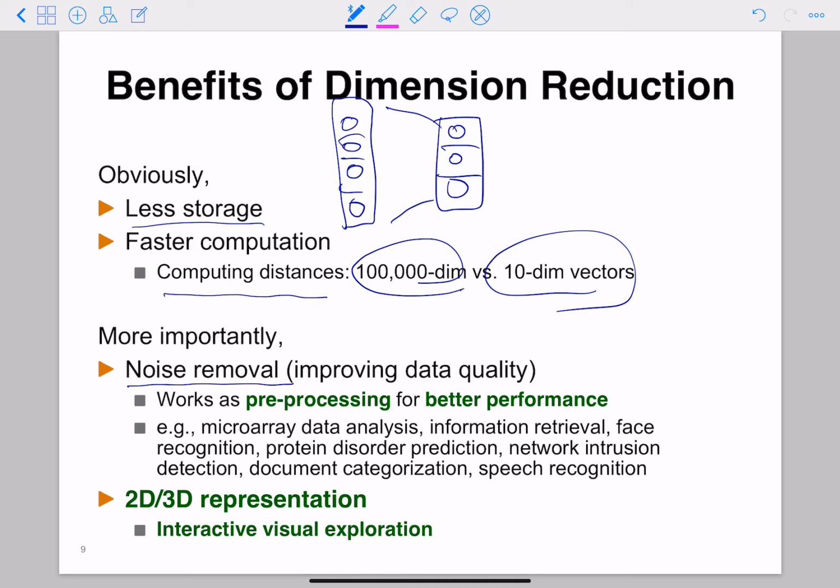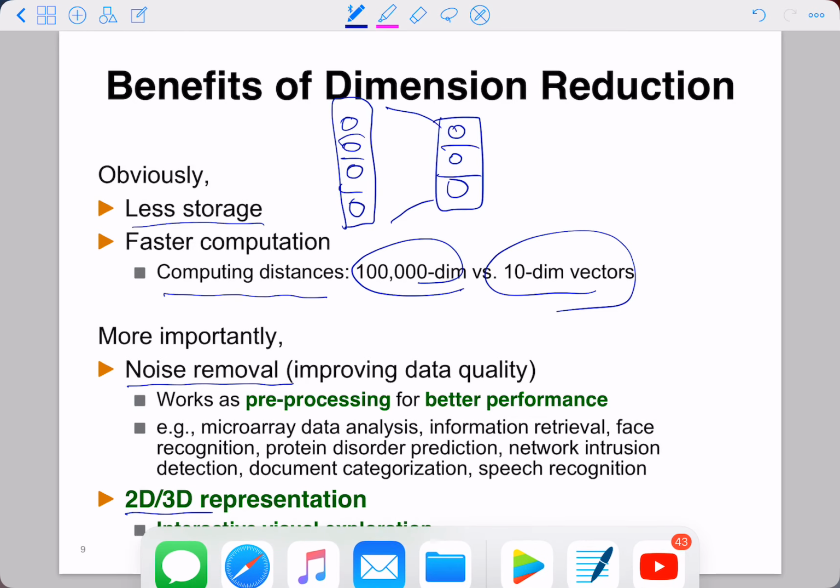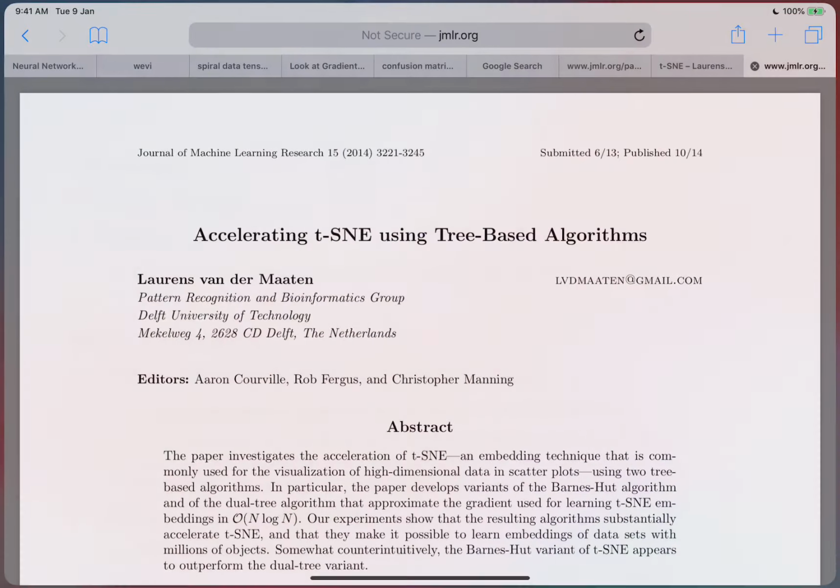When reducing the dimensionality to 2 or 3, we can utilize dimension reduction as a tool for visualizing high-dimensional data.